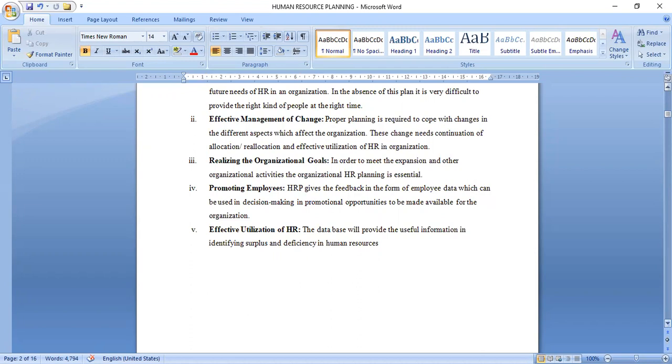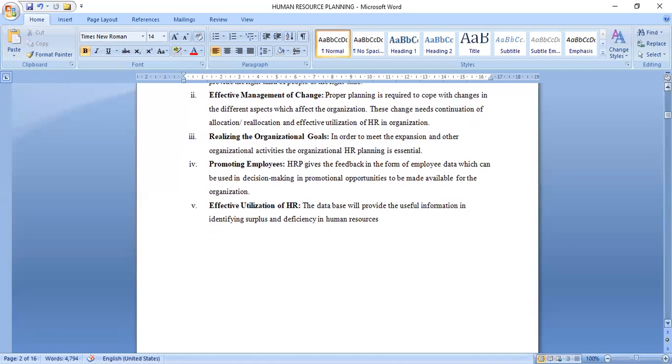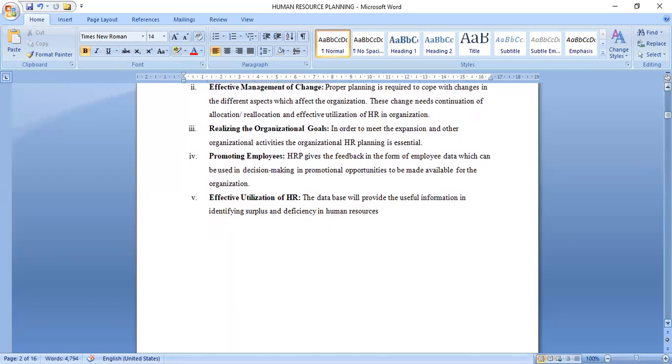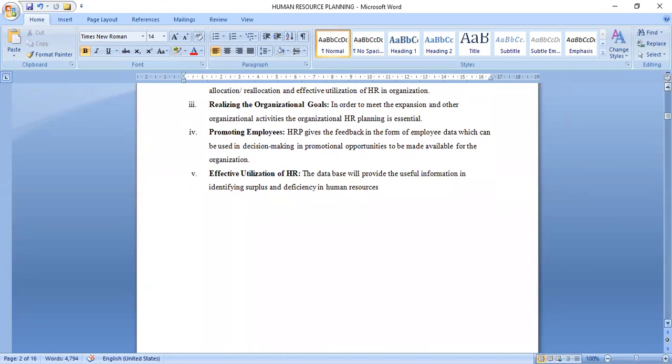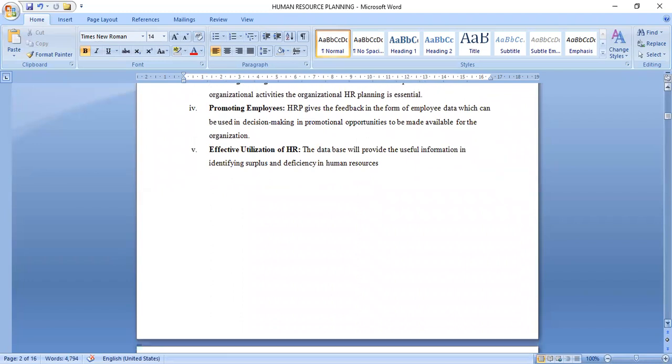At the end of the day, promotions give rise to the need for human resource planning. And then human resource planning also has an objective of effective utilization of human resource.